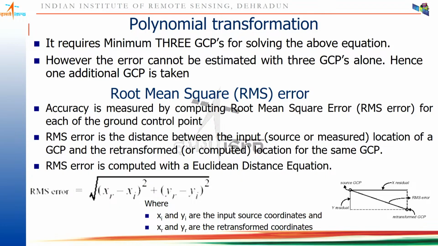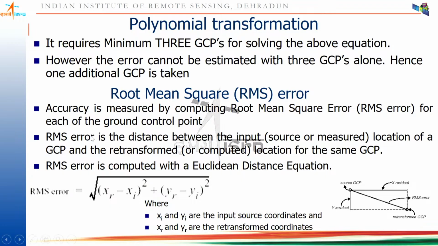Once I have 4 ground control points, I have 8 equations and 6 unknowns. I'll be using a least square fitting technique to see how good the ground control points fit these equations. The error of this fitting can be measured by root mean square error, RMS error.